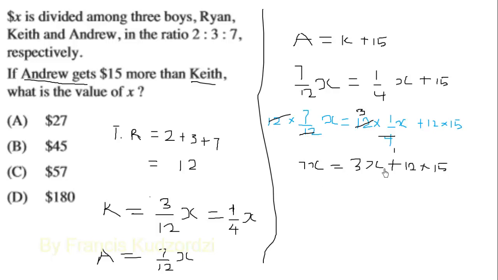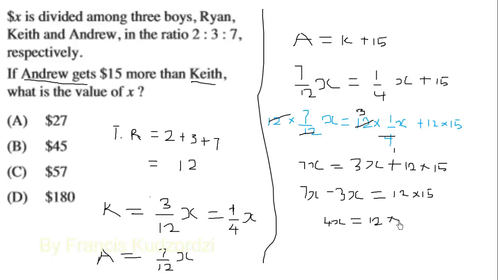But now let's group like terms. So 7x minus 3x is equal to 12 times 15. Now 7x minus 3x will give us 4x is equal to 12 times 15.